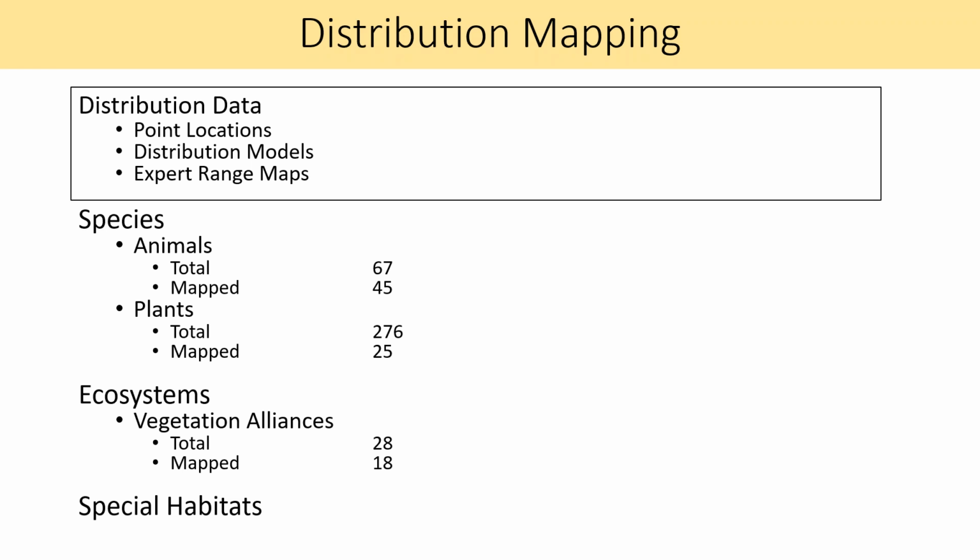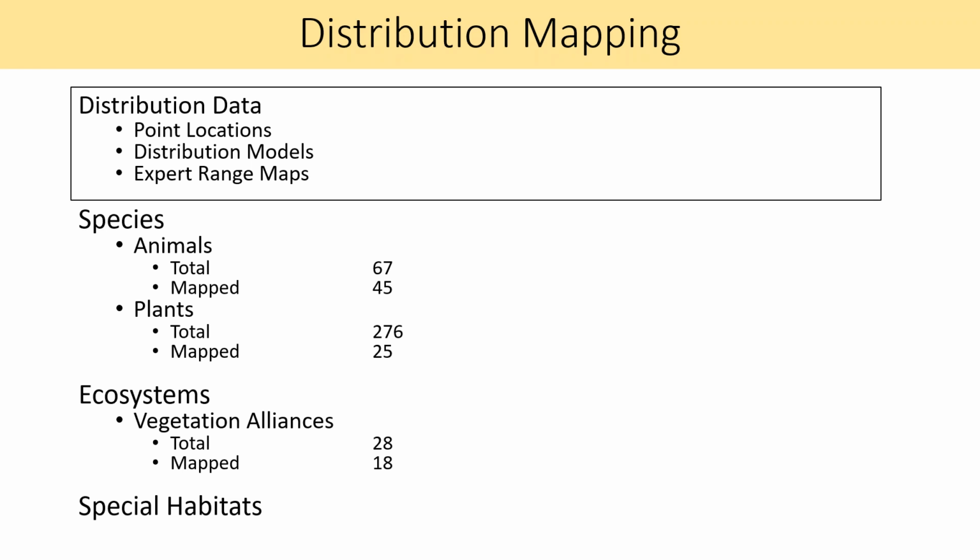And so there's a high level of confidence in terms of the accuracy of what it is and where it is. And then there's distribution models where that level of confidence is a little bit less. And then there's expert range maps, more general maps where the confidence is less.